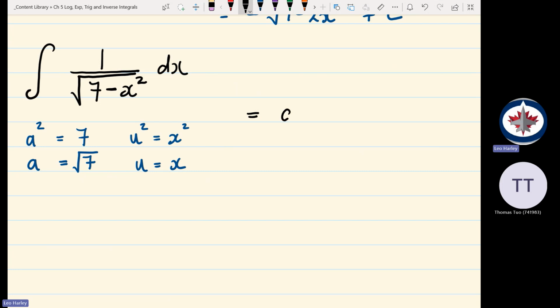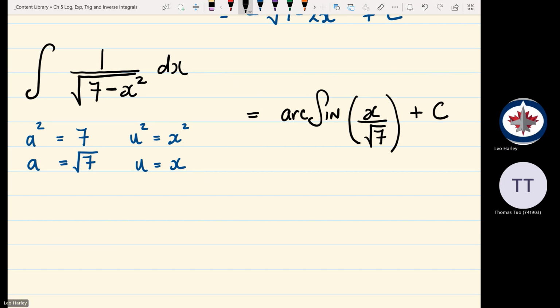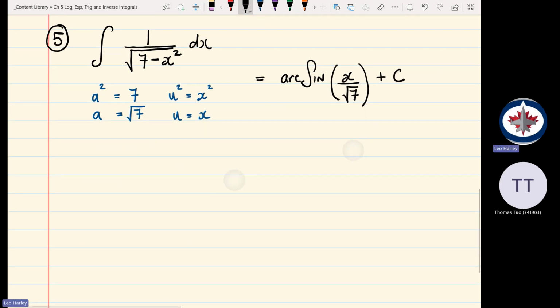So it's going to be arc sine, and it's simply what is u? And in this case here, u is x. And what is a? Square root of 7. Very nice. Plus c. Better? All right. Number 6.